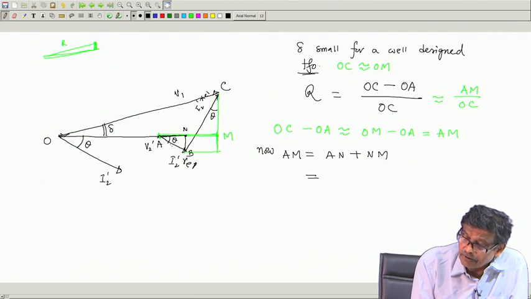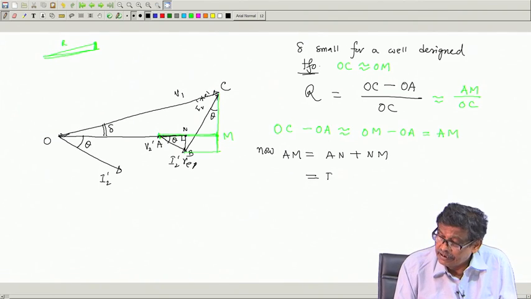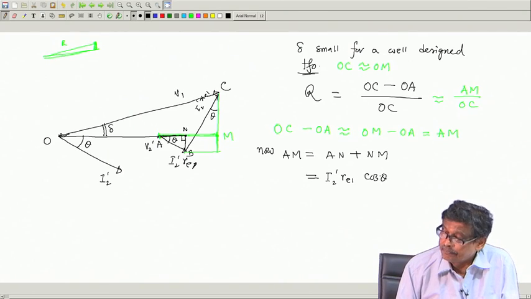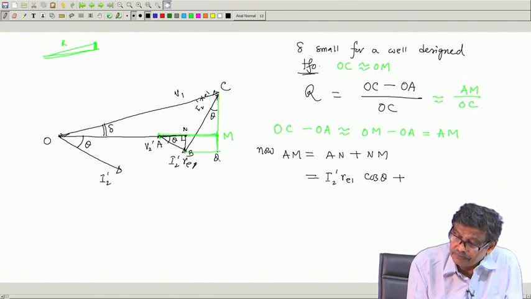So, in the small right angle triangles, it will be simply I2' R_e1 cos theta plus NM. NM will be same as this length BQ, it is a rectangle.